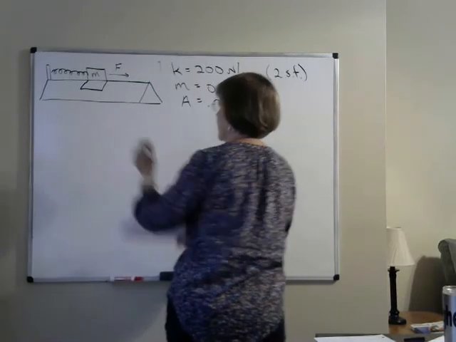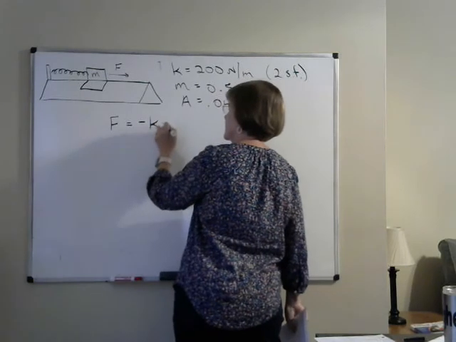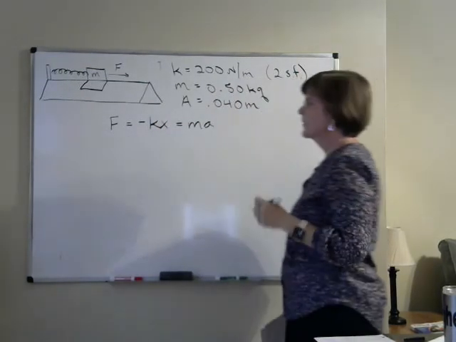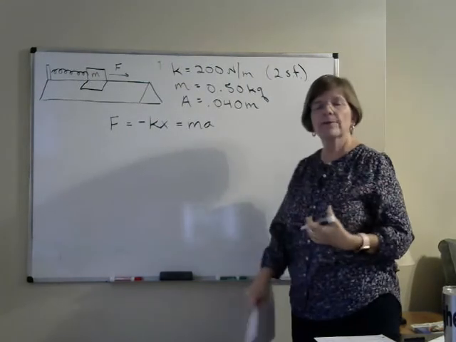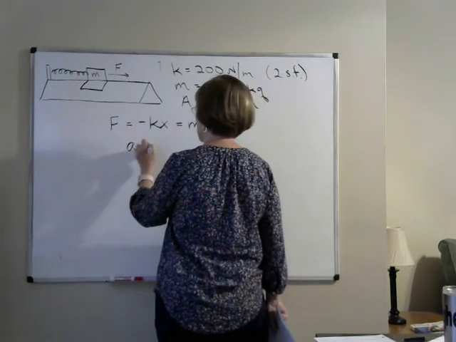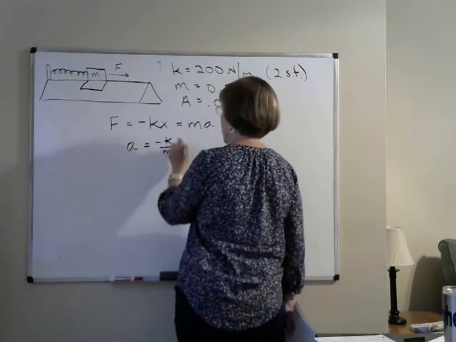We know that F is equal to negative kx, which is mass times acceleration. When we're talking about the restoring force, it's negative kx. So our acceleration is negative k over m times x.